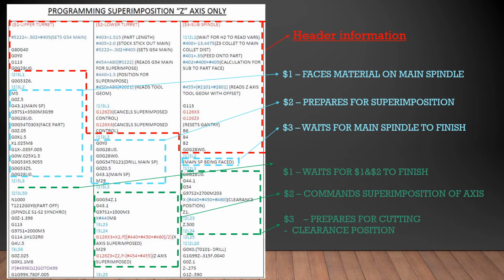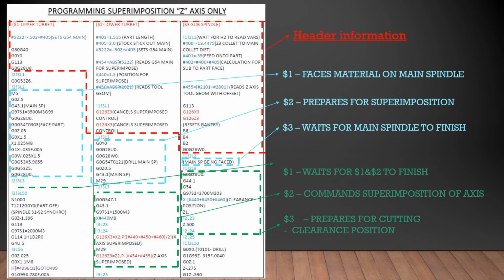It's a system variable. The #502 is the overall part length, and the #405 is the stick out from the main spindle collet. Now we have Rapido custom macros to use with this machine to make some of this a little bit simpler, and that's what you're seeing here.